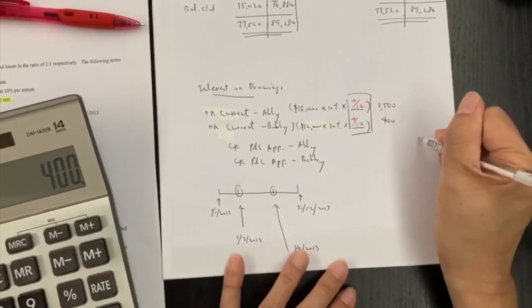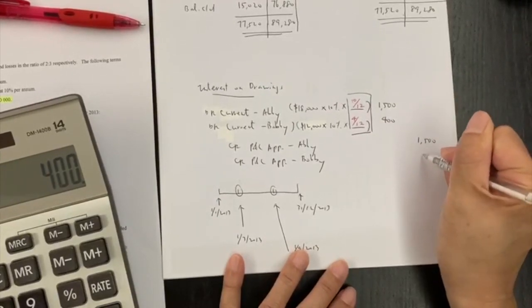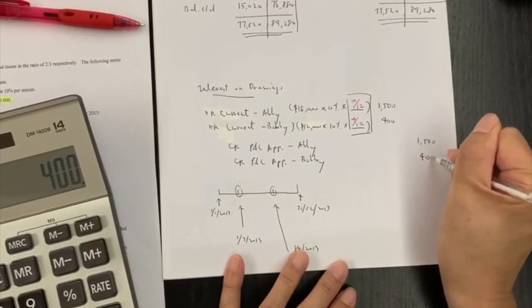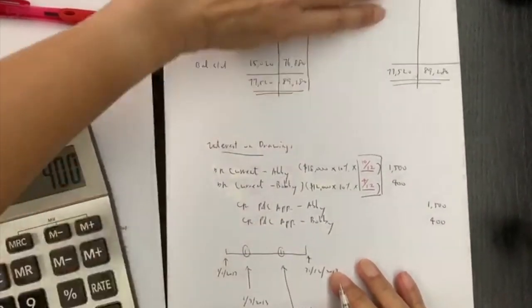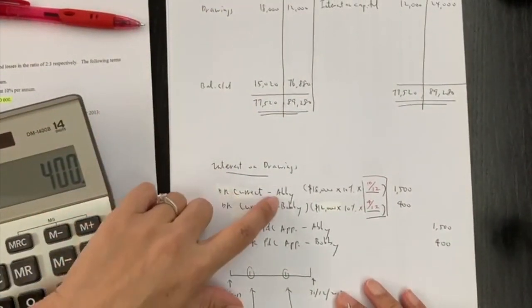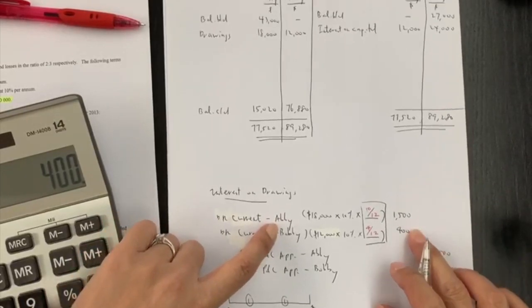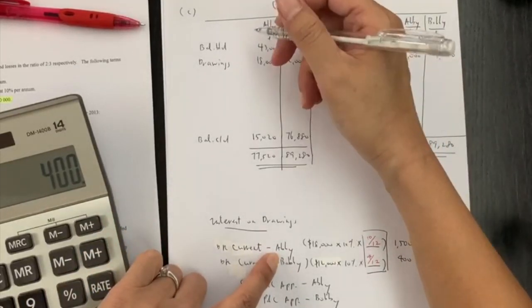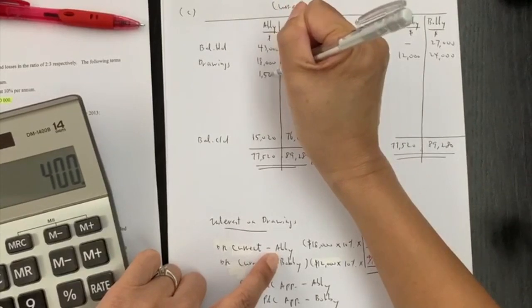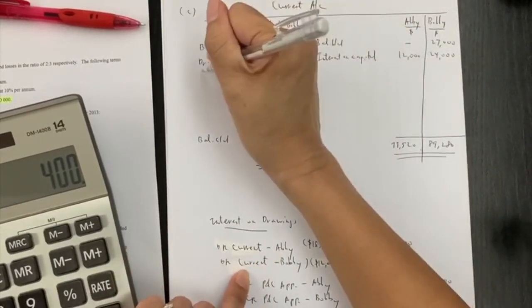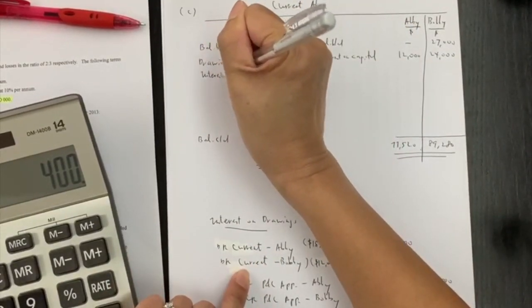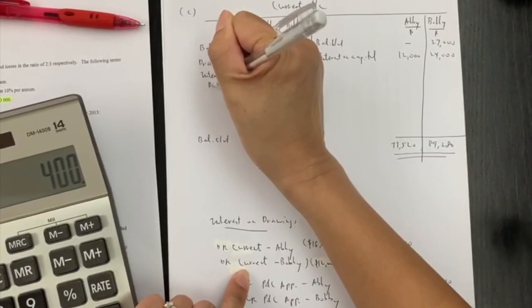So I do the same thing: 1,500 and then 400 for Bobby. Now posting: debit current account, Abby, 1,500 because of interest on drawings.